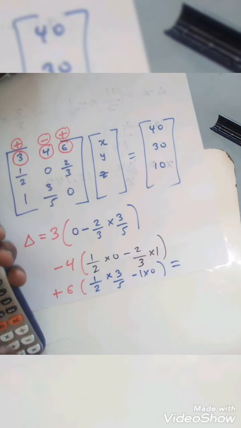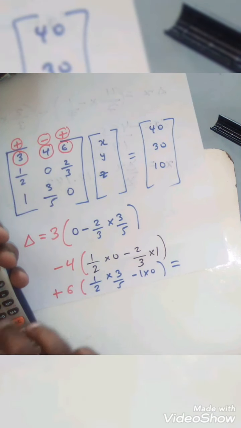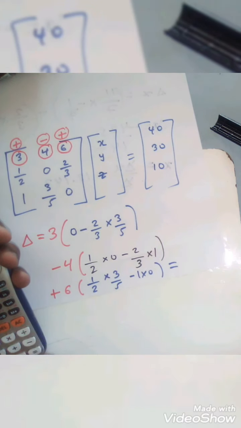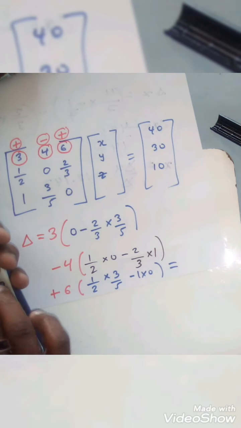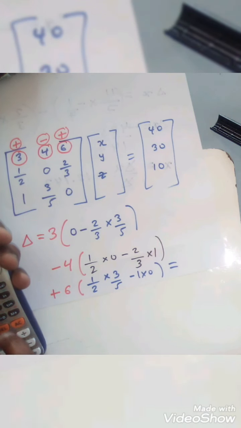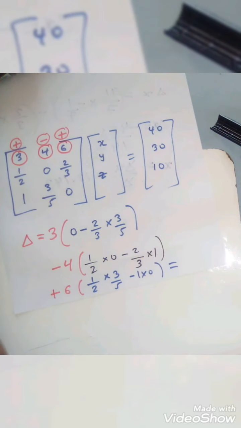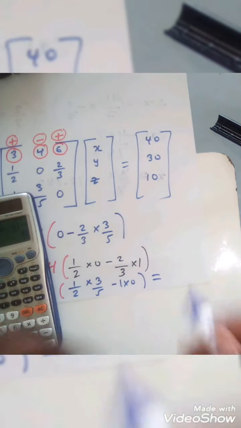So I have 3 times negative 2 over 3 times 3 over 5 minus 4, and then this is 0, minus 2 over 3 times 1 plus 6, 1 over 2 times 3 over 5, and then the last one is 0. So my determinant is 49 over 15. So this is my determinant.